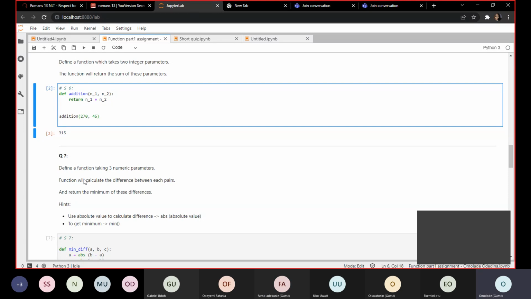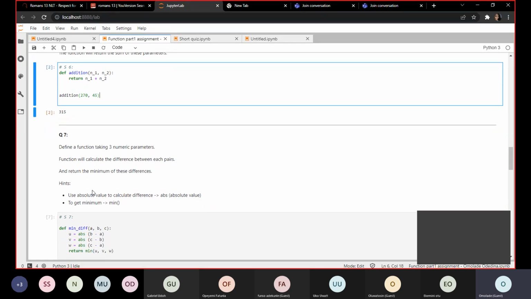You cannot take in anything that is not a number. So that's what numeric means: number. Again, it says define a function taking 3 numeric parameters. We can see that we are taking in parameters, so it's a parametric function. Now we can go to the next line if we understand the first line.